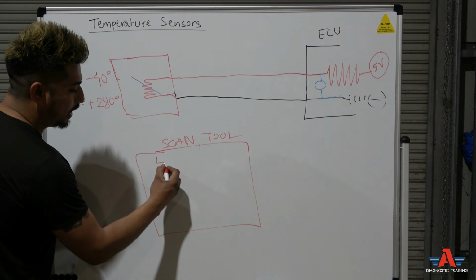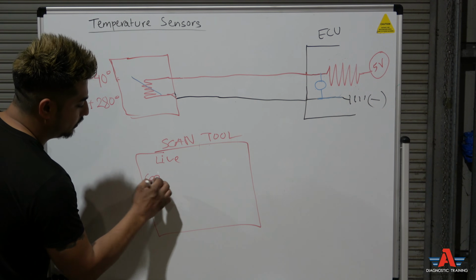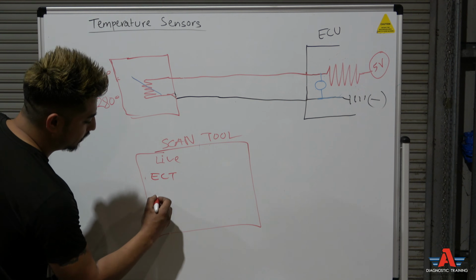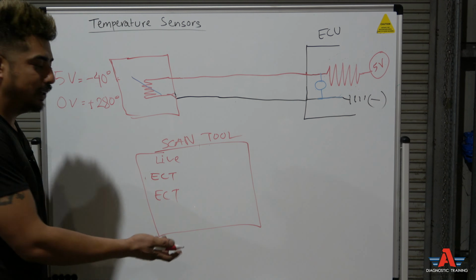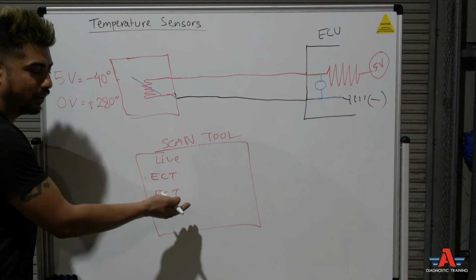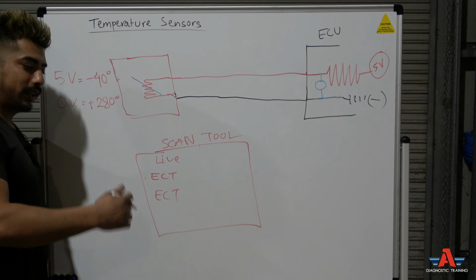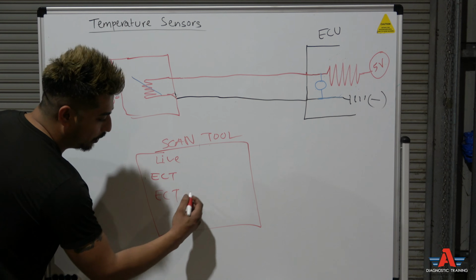Now you go to live data on the scan tool and find the coolant temperature sensor, let's put ECT, engine coolant temperature. Sometimes you'll find two values, a voltage value and a temperature value. Sometimes you'll only find one or the other. So let's say this car has both values.